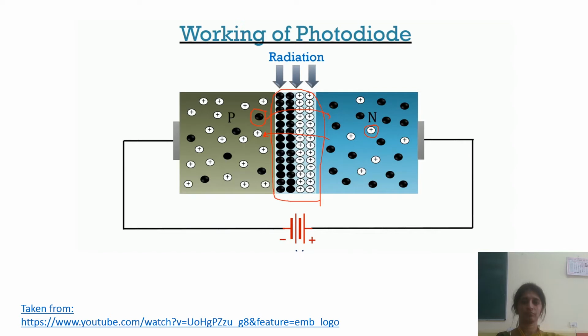Now, at this time, we provide radiation to the junction, or we can say the junction is illuminated with light. As the radiation falls on the surface of the junction, the temperature of the junction increases. With the increase in temperature, electrons and holes start separating from each other.